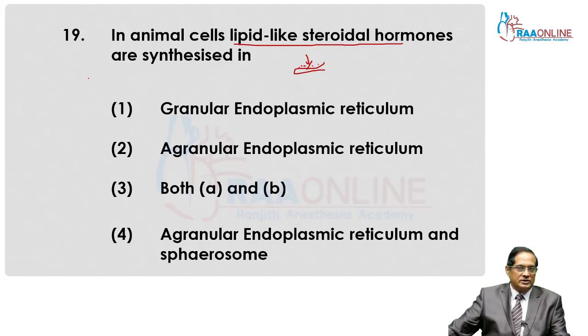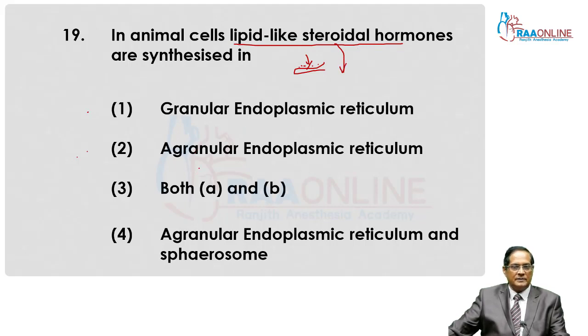Whereas those endoplasmic reticulum devoid of ribosomes are agranular or smooth ER. So there are two types of ER, granular and agranular. Agranular ER is mainly concerned with the synthesis of steroidal hormones.